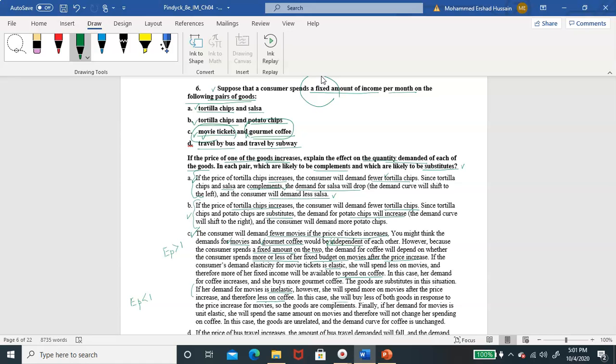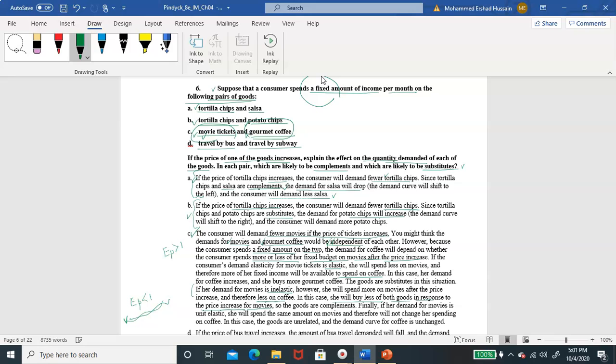In this case, she will buy less of both goods in response to the price increase for movies. So when it is elastic, even if the price increases, the consumer will buy less, but that decrease will be smaller than the increase in price.